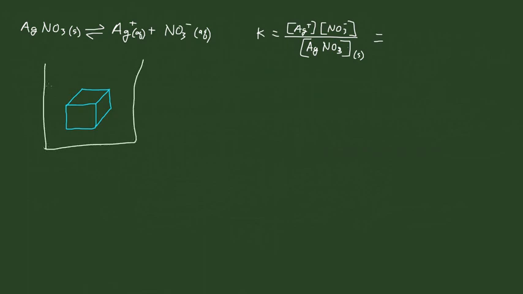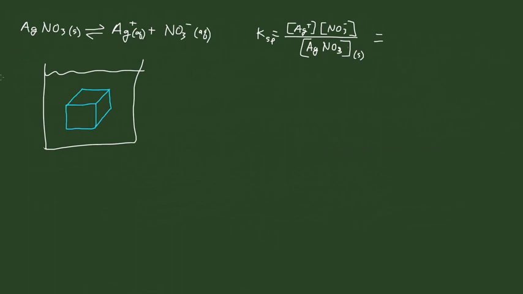So we get a really big beaker, fill it with water, and it starts to dissolve. The amount that dissolves is based on this K, which we call Ksp, the solubility product constant.